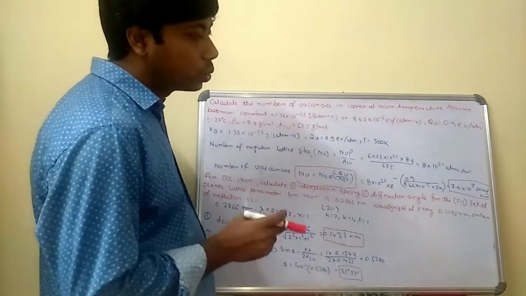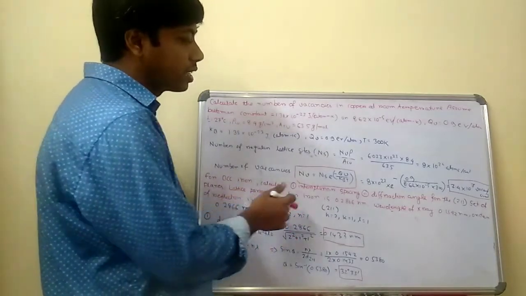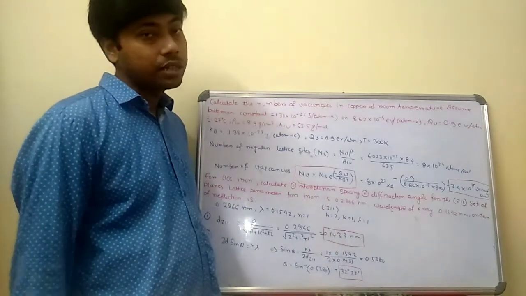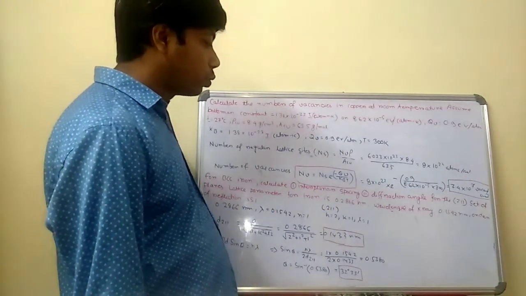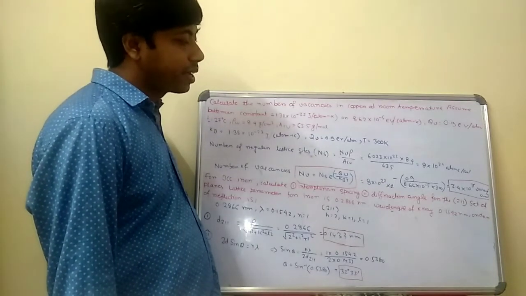for the 2 1 1 set of planes. The lattice parameter for the iron, that is a, is equal to 0.2866 nanometer, and the wavelength of X-ray is given.